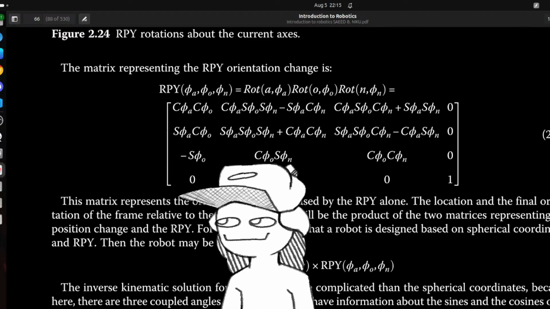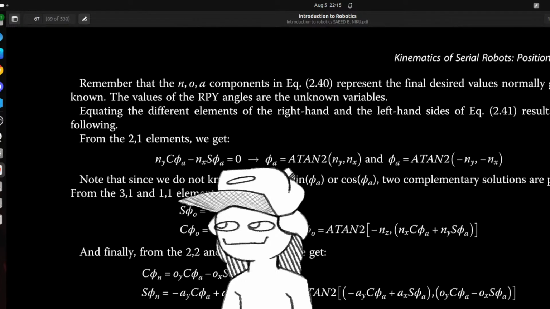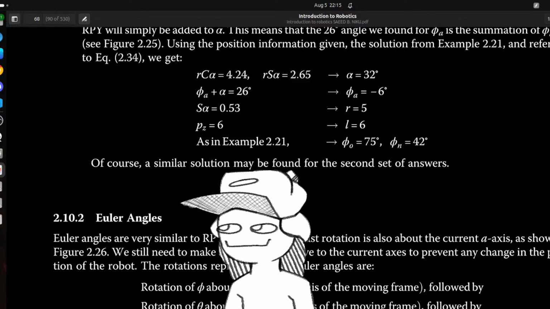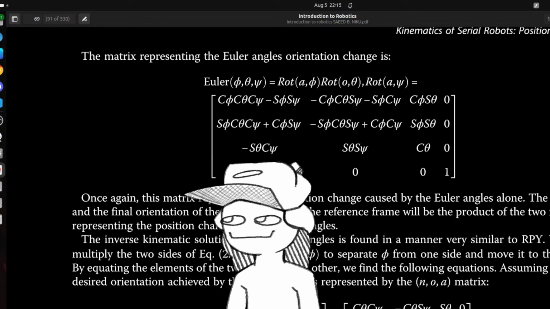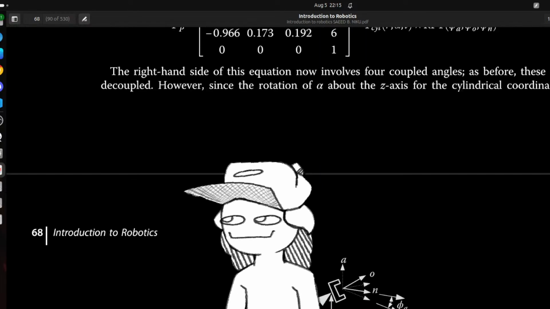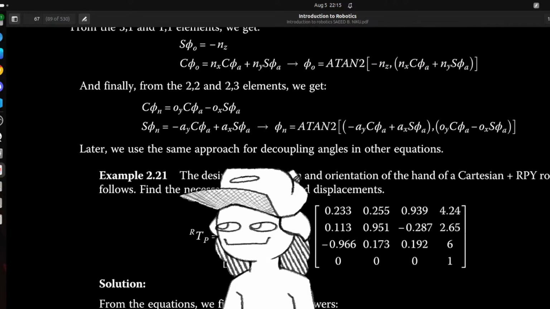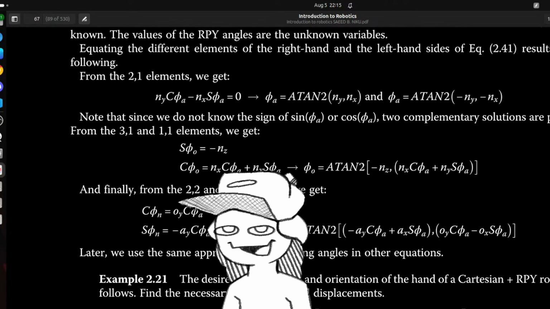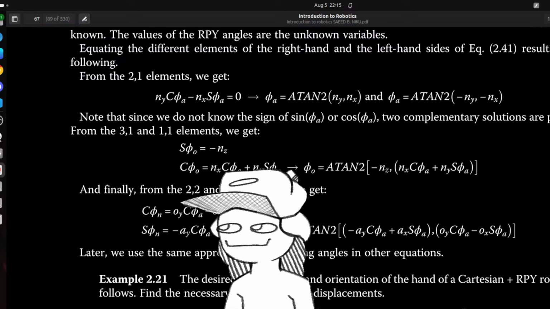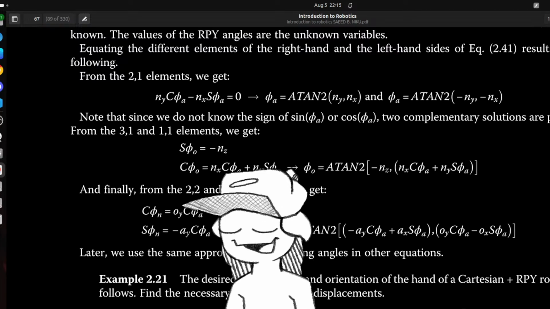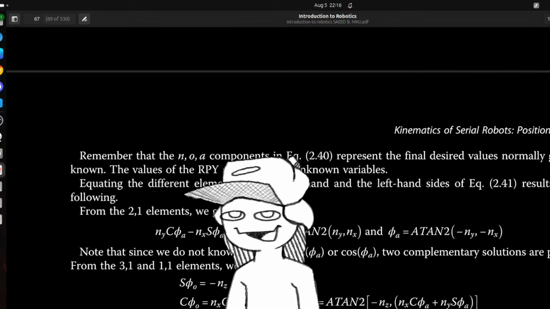RPY and Euler are basically the same thing, but the only difference is that in RPY they rotate for all the angles, whereas in Euler it rotates for only two angles. It will rotate for one side, then the other, and then rotate once again for the first angle. Meaning the angle you rotated by first, you rotate by again at the end. Because of that, your end point will be parallel to your origin. Okay, got it. But here we are assuming that it is initially parallel, in both RPY and Euler. That assumption is important, that both are initially parallel. Got it.